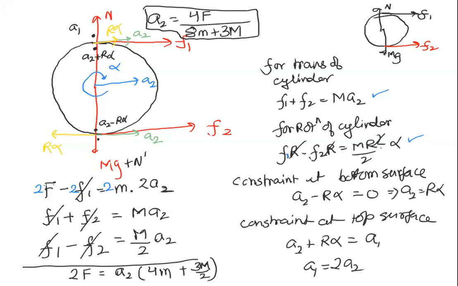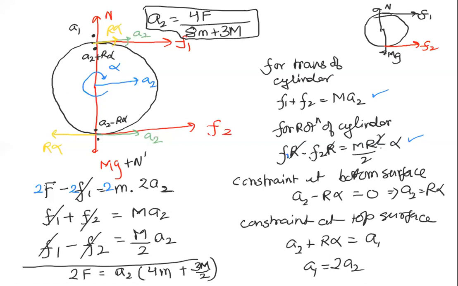But if you see that the bottom surface is stationary, then it is pretty much guaranteed that A cm of the rigid body will be equal to R alpha. And the acceleration of the topmost point, because A cm is equal to R alpha, will be twice the acceleration of the center of mass.